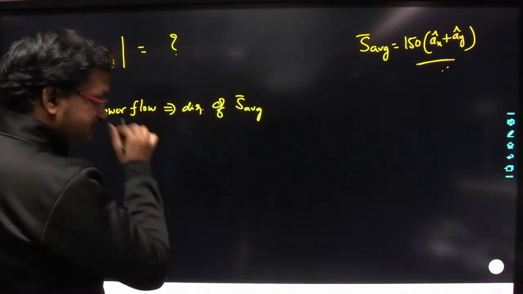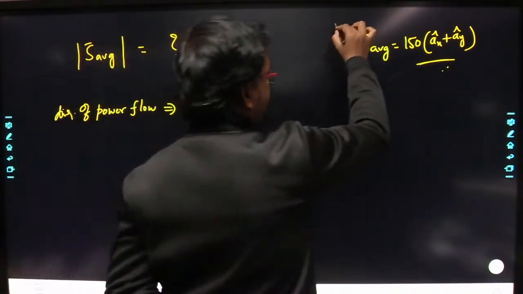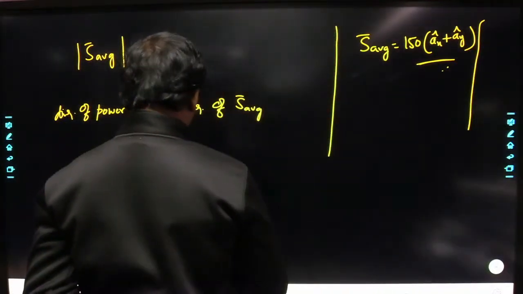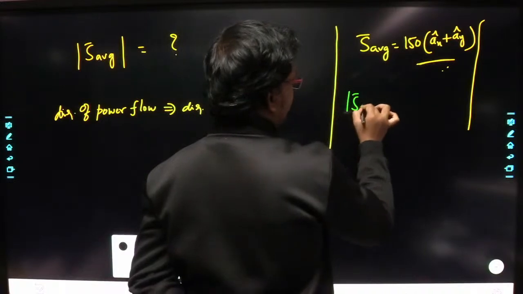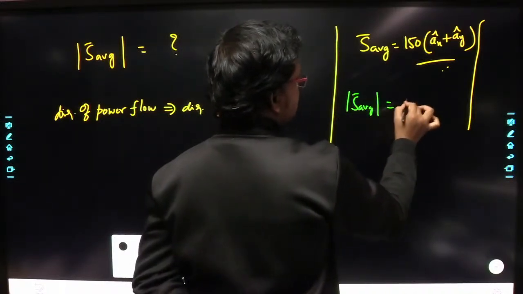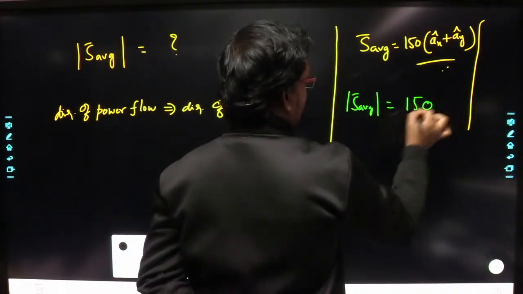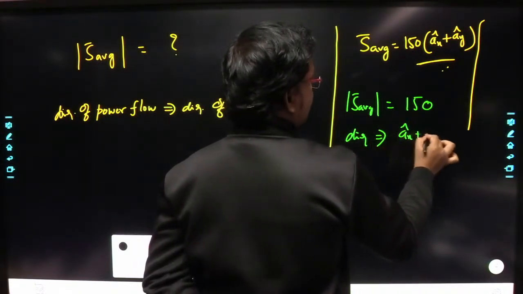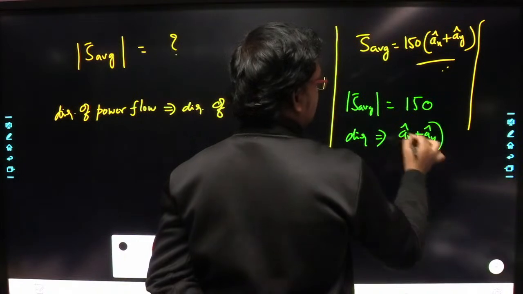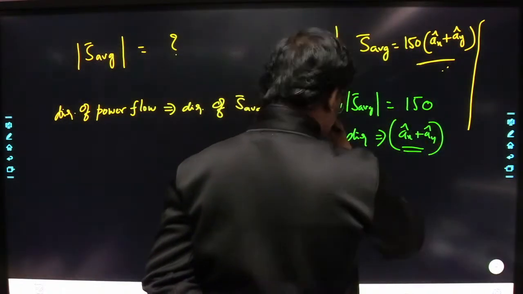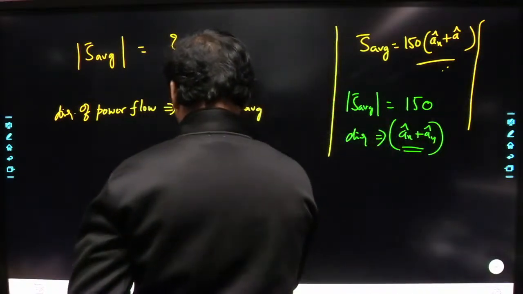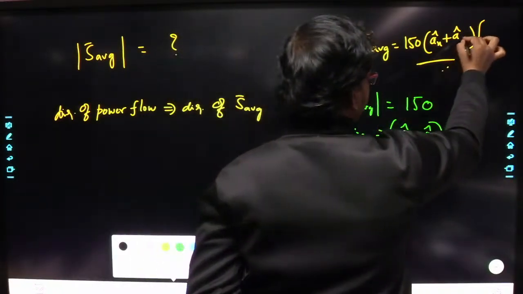Generally, whenever they get an answer like this, in a hurry the students will say the magnitude of S average as 150, and the direction they will say simply AX cap plus AZ cap.